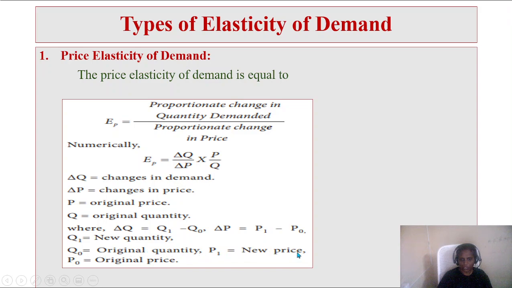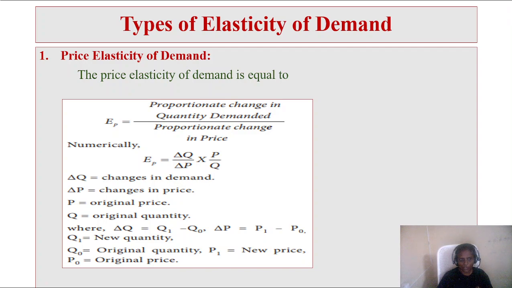P1 is the new price, whether it is an increasing or decreasing price. P0, as I told you, is the original stable price level of the commodity. The same way, Q1 is the new quantity, meaning the demand for the commodity, whether increasing or decreasing.